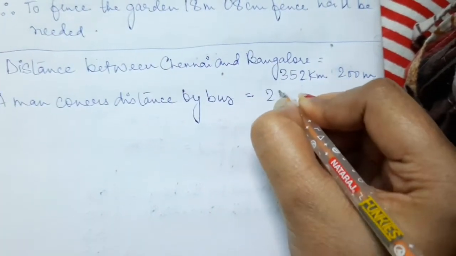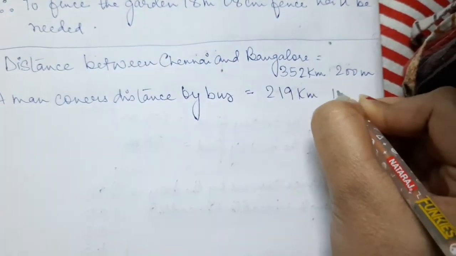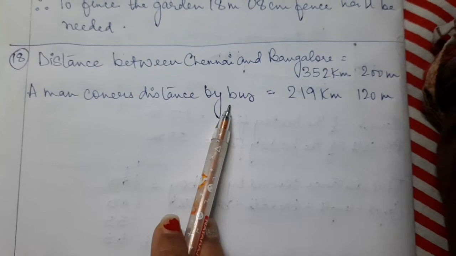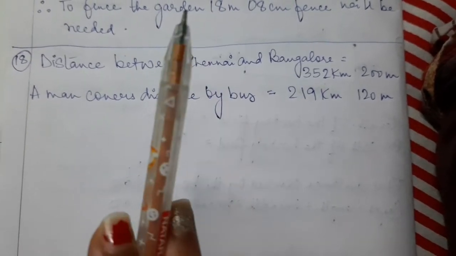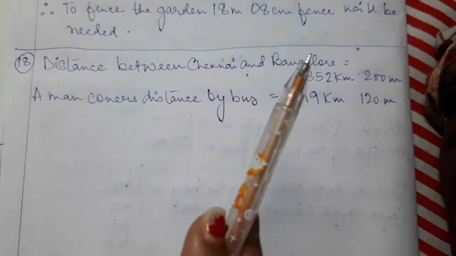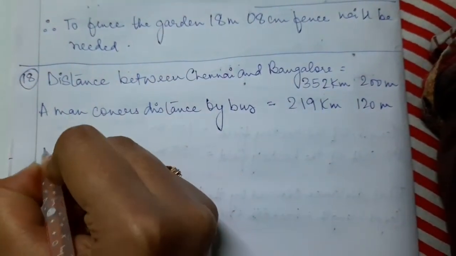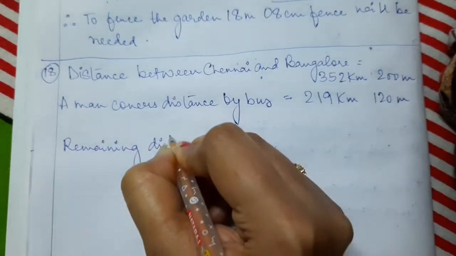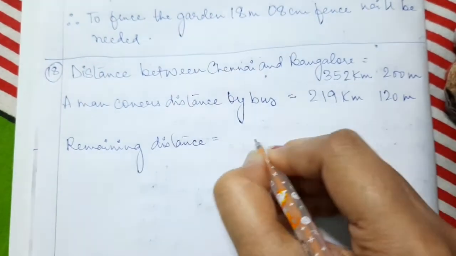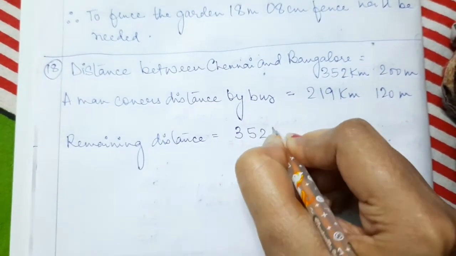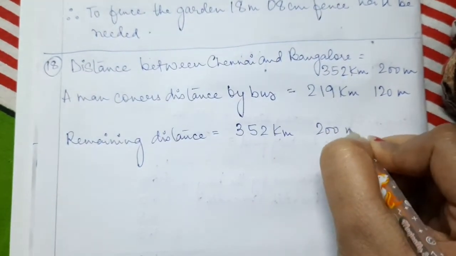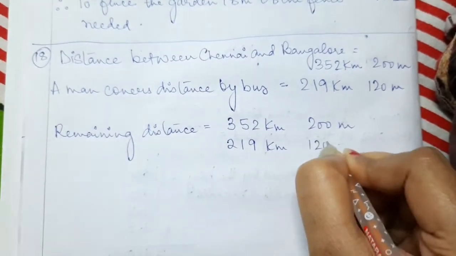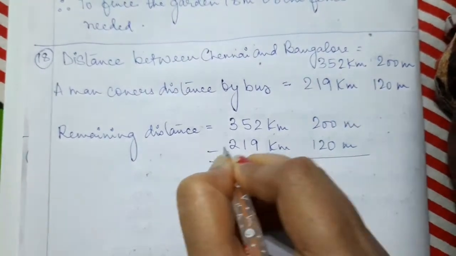Is equal to 219 kilometer 120 meter. So this is the distance that is covered by a man by bus. Now what do we have to find? What is the remaining distance that he is going to cover by train? Remaining distance is equal to how much? 352 kilometer 200 meter. Okay, 219 kilometer 120 meter. Simple subtraction.